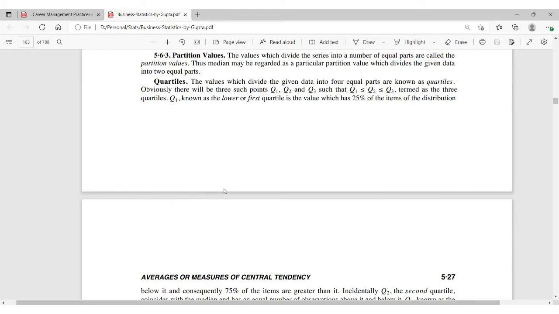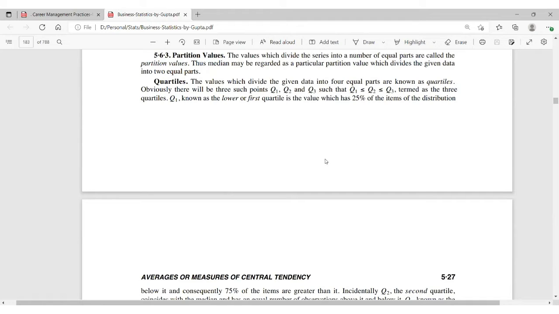Obviously, there will be 3 such points, Q1, Q2, Q3, such that Q1 is less than Q2 and Q2 is less than Q3. Q2 is centrally located, that is also called the median. Q1 and Q3 are the lower quartile and upper quartile. Q1 is known as the lower quartile or first quartile. Q3 is the upper quartile or last quartile.